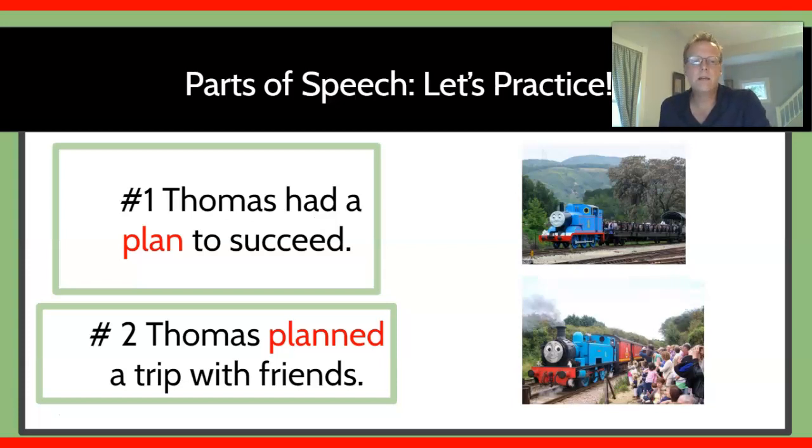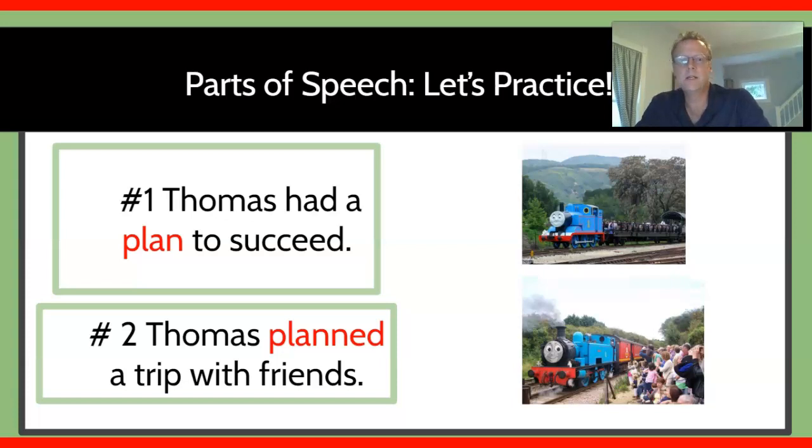A plan to succeed. You can always find the object in a sentence by asking what after the verb. Thomas had what? A plan. There are 2 clues. One, it answers the question what after the verb.